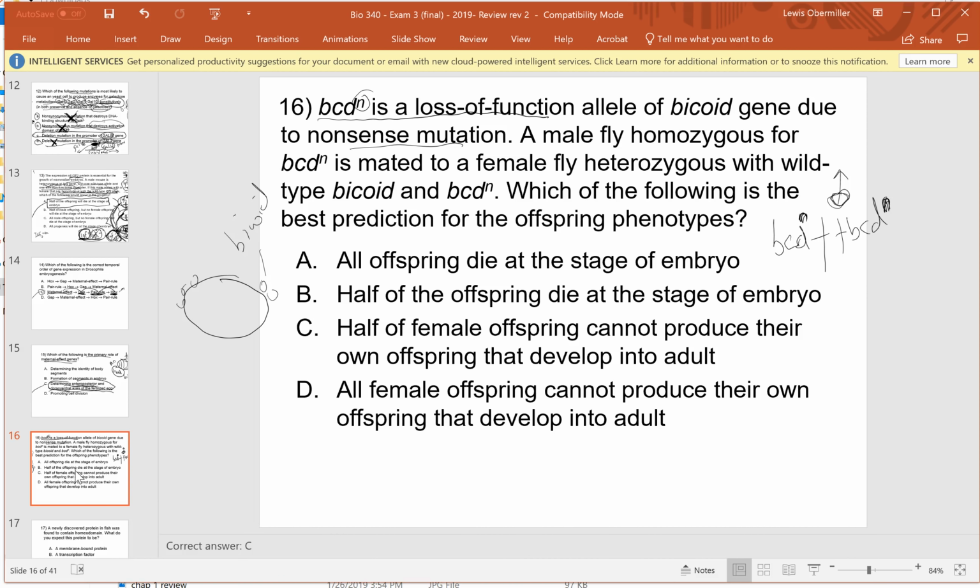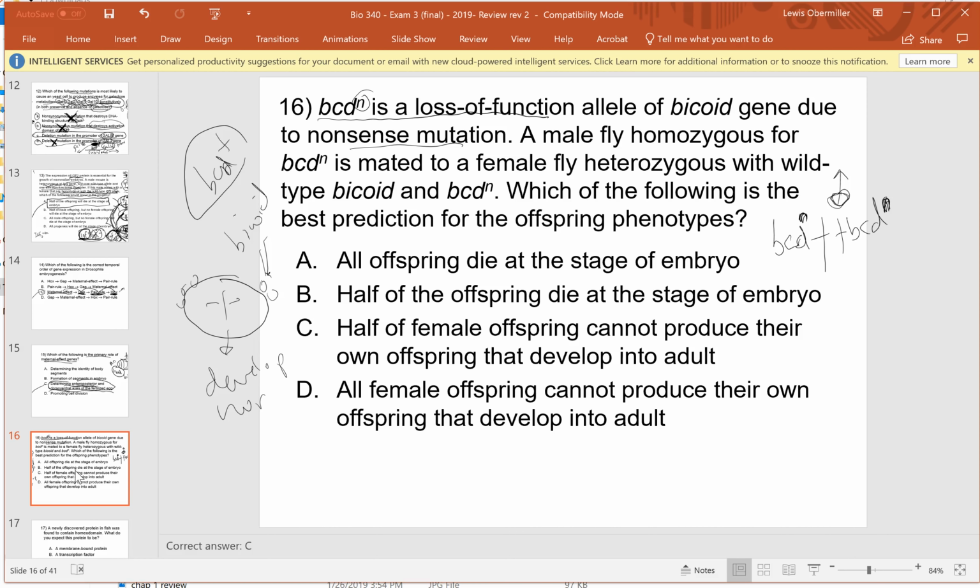So as long as she has a functioning copy of bicoid, then she will have nurse cells. Even if her offspring are bicoid defective on both, they can still develop normally, because it's the mom's genotype that's important, not the embryo.